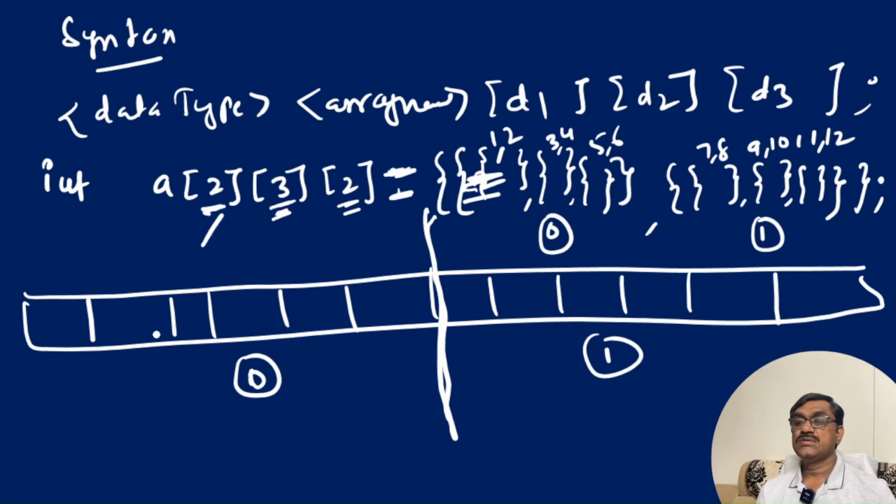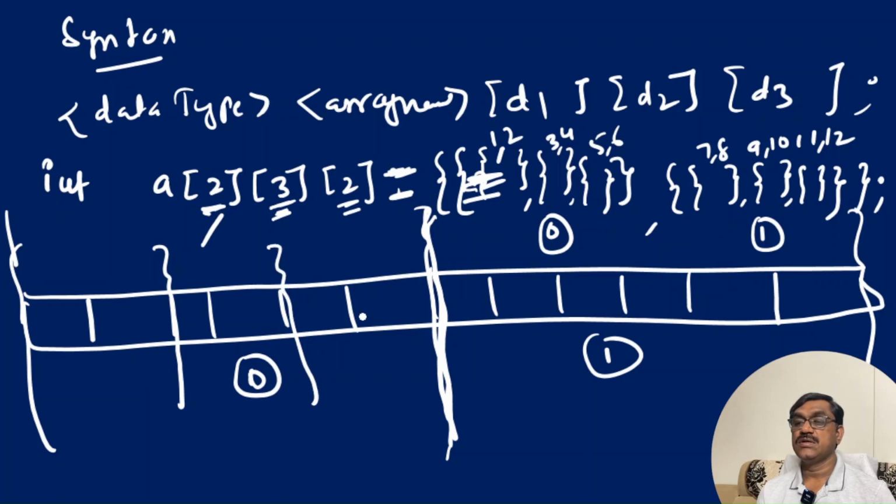Now, each sub block is divided into 3 parts. Okay, you do one thing. These are the main braces I am writing, right? These are the main braces. Okay, now in this block, 3 parts. So this is the first part, and this is the second part, and this is third part.